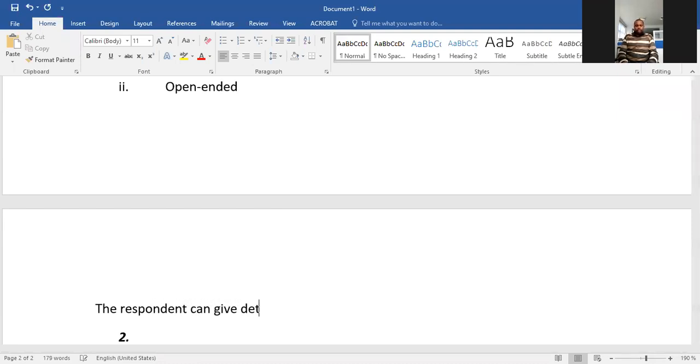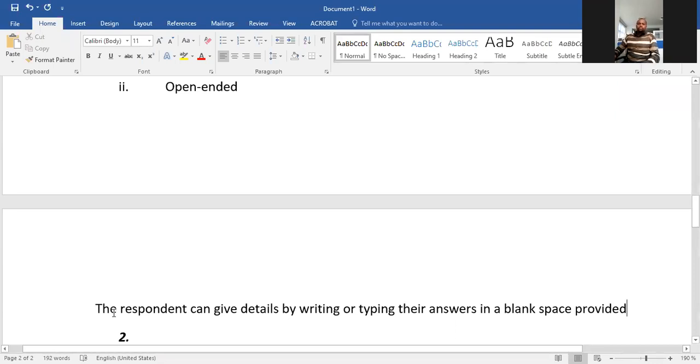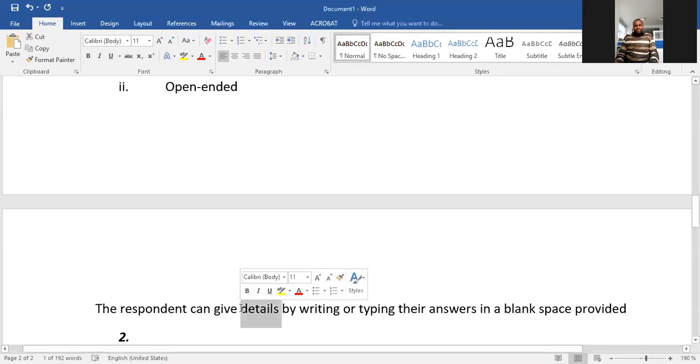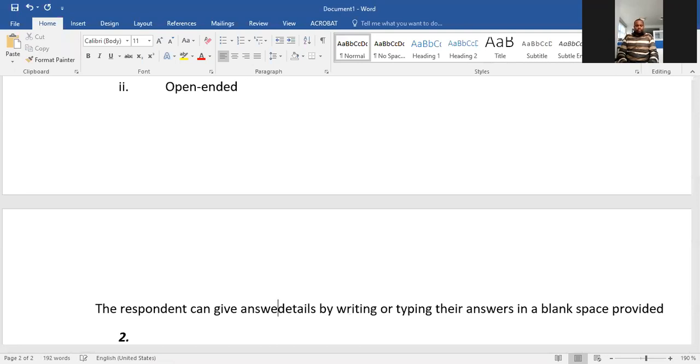The respondent can give details by writing or typing their answers in a blank space provided. So the respondent can give answers in detail, by writing or typing their answers in a blank space provided.